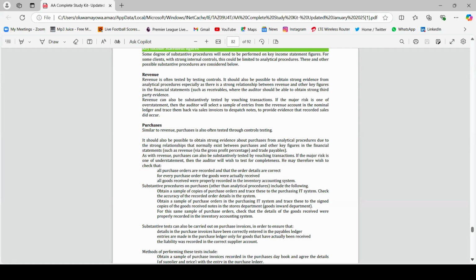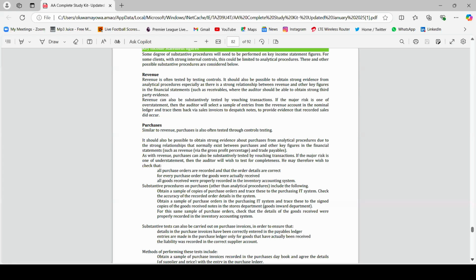Just like with the asset, where people want to overstate their asset and understate their liability, when it comes to the income statement, most clients want to overstate their revenue. Oh, we are making this much money. So there is the risk that overstatement will be around the revenue. So the auditor is concerned about testing for overstatement.